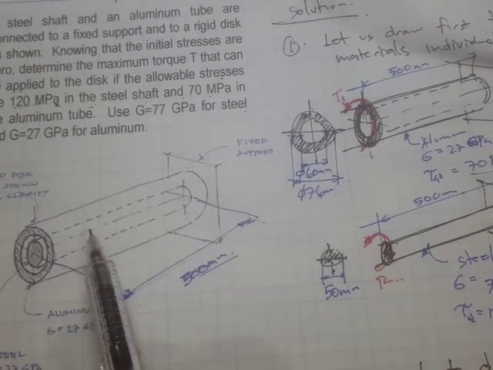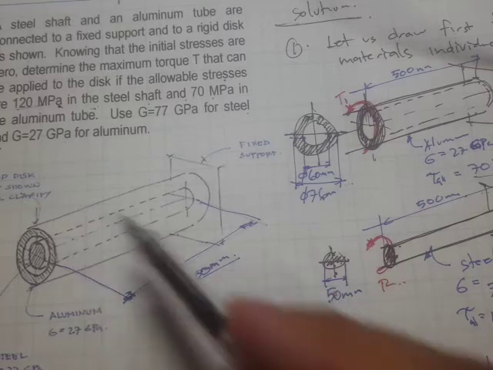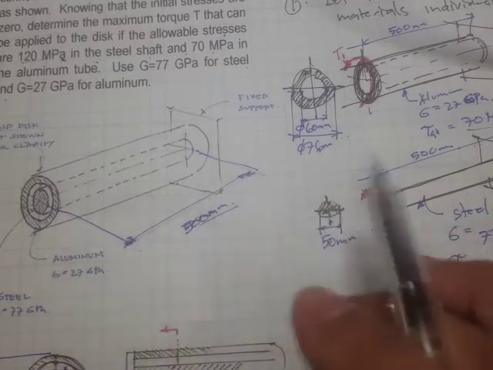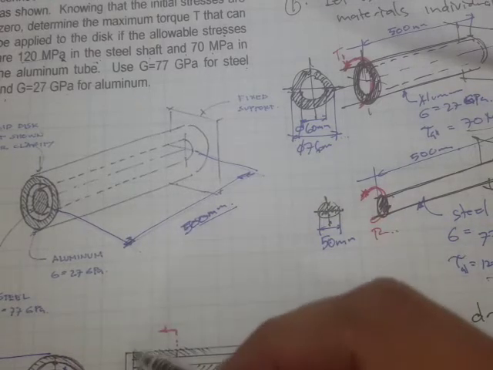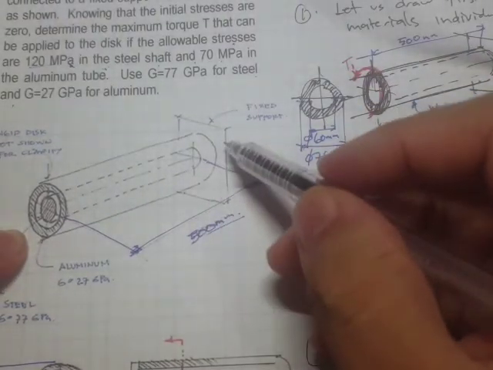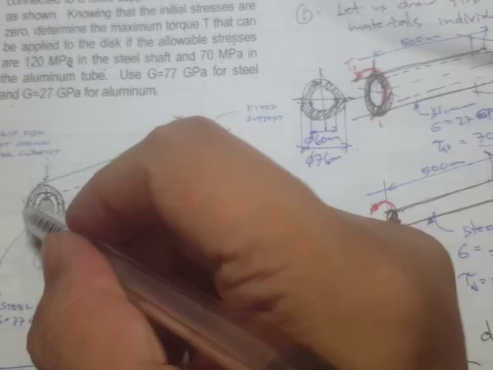Actually, it's composed of two materials that are coaxial. So we have aluminum right here outside and steel inside, and they are connected to a rigid disc, and on the other end is a fixed support, and we are asked to find the torque right here.